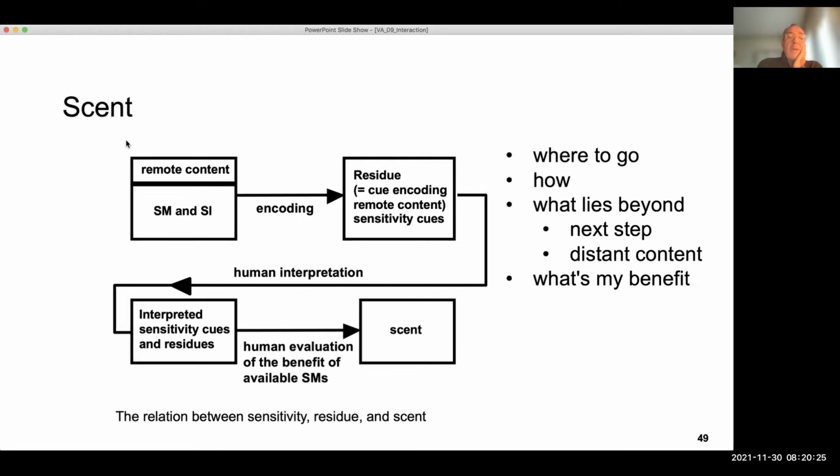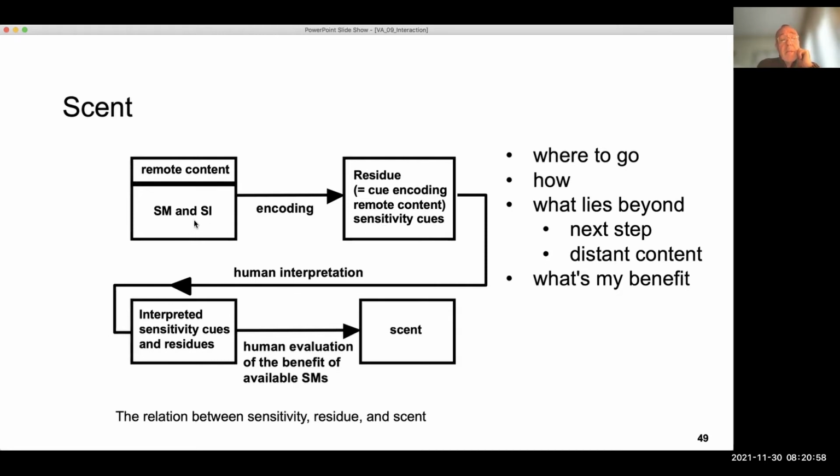So you have the remote content to explore, you have a single movement and a single interaction for moving, and you have to encode it in your interface, taking into account the residue, what is behind your situation, and you have to encode some cues, indizi, about what is the remote content, and also give some cues about the sensitivity.